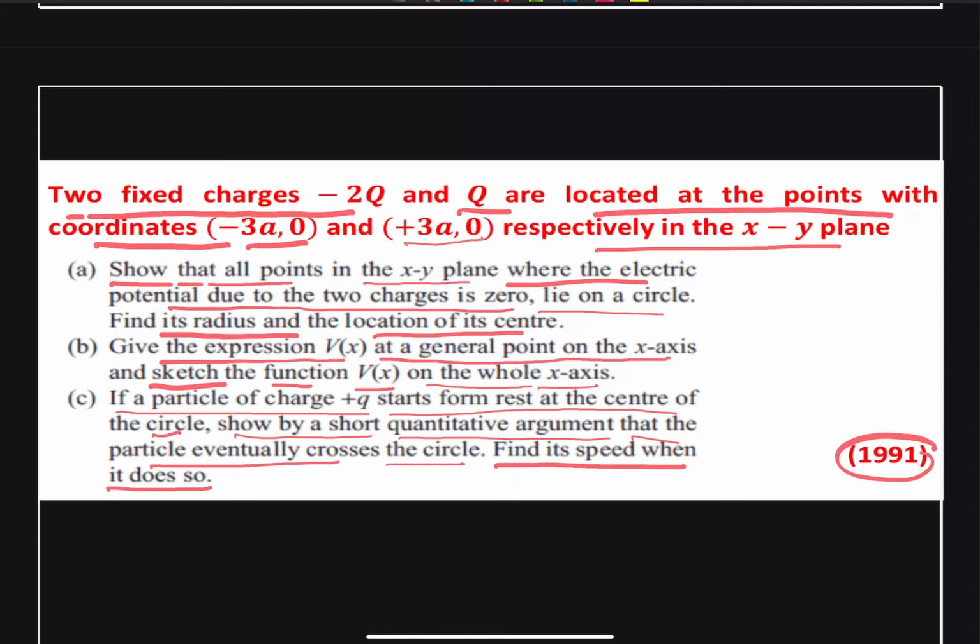So the first part says that we have to find out the locus of where this electric potential is 0 because of the two charges. Here it is said that we have to prove that the locus is basically a circle. So let us draw an approximate figure.